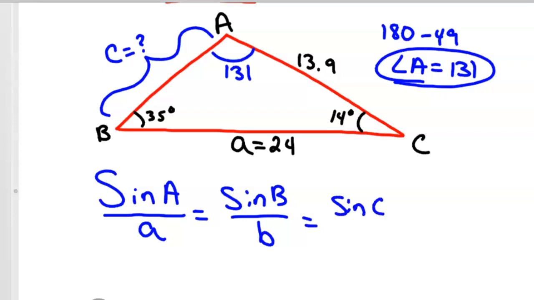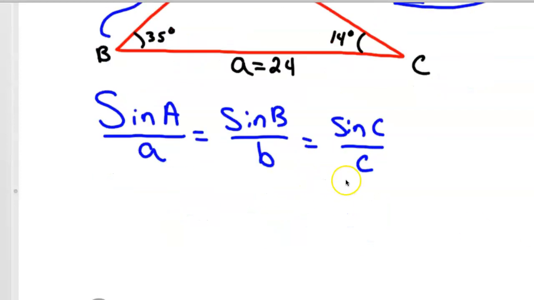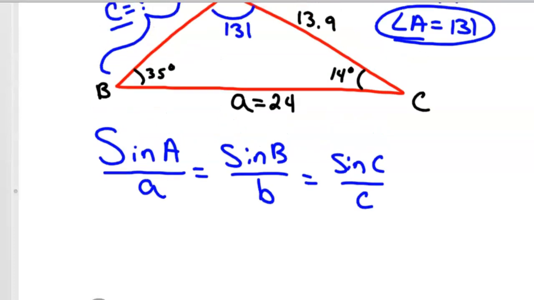So sine of c over little c. And you can only work with two at a time. So we're looking for little c here. What we'll do is set up this sine of c side, and let's see, what am I given here?